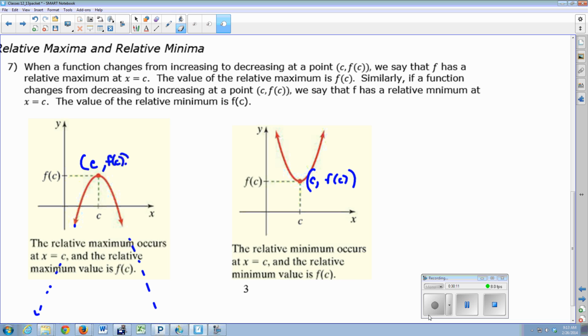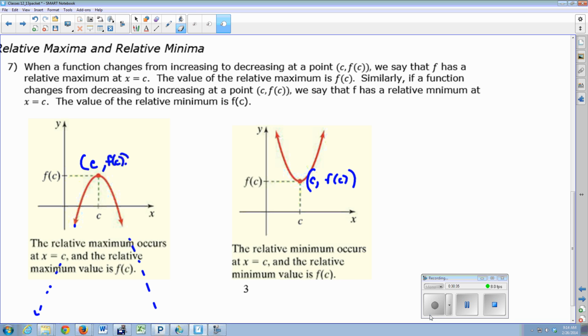Okay, now here's the most important idea about all of this: when your book or any test asks you for a relative minimum or a relative maximum, they don't want you to give the coordinates of that point. They want you to say, what is that smallest output, or what is that largest output?